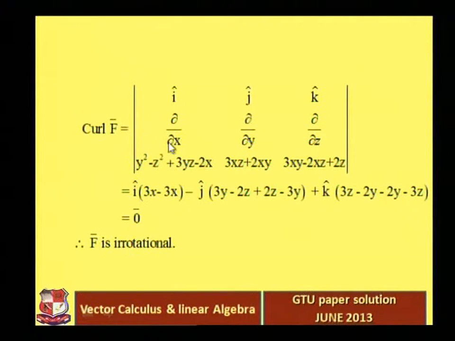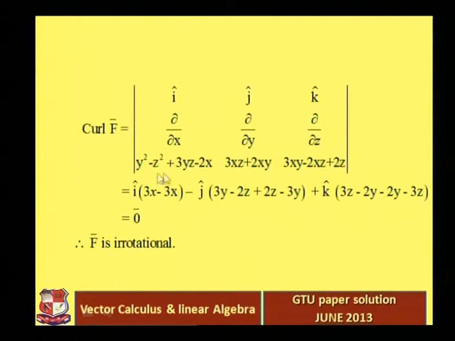Plus k into del by del x of 3xz plus 2xy, that is 3z plus 2y, then minus del by del y of y cube minus z square plus 3yz minus 2x.